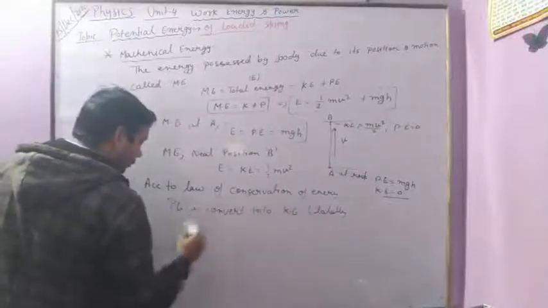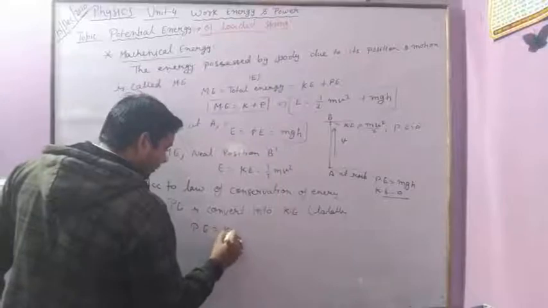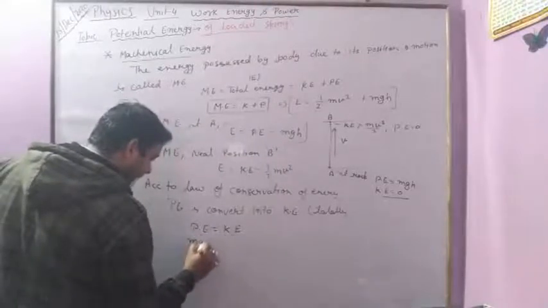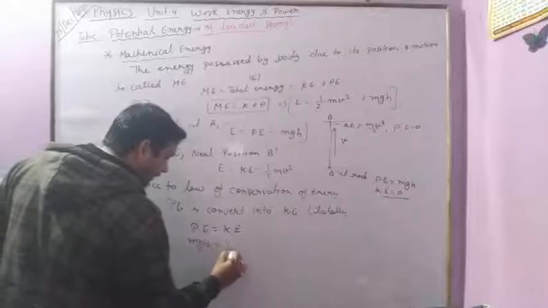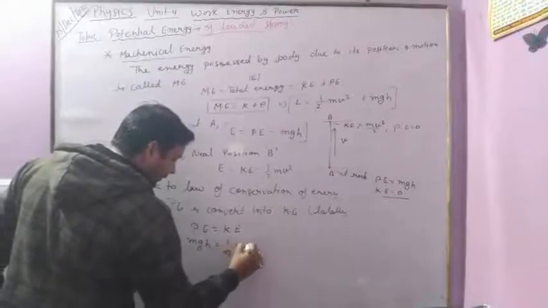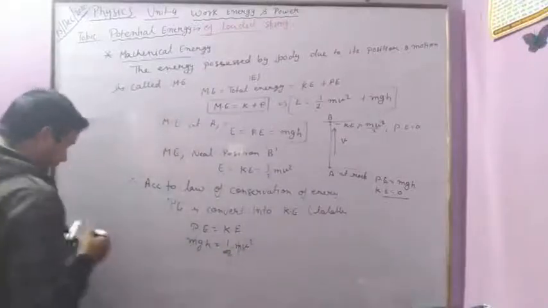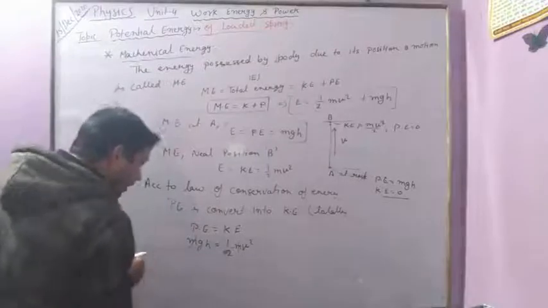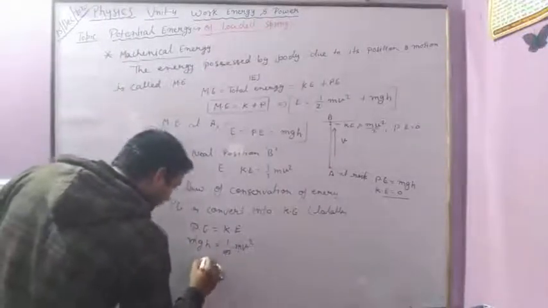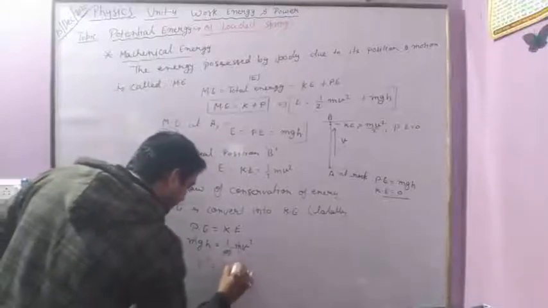Okay, therefore potential energy is equal to its kinetic energy, and we have mgh is equal to half mv square. Now students, this m cancels and we get velocity square is equal to 2gh.